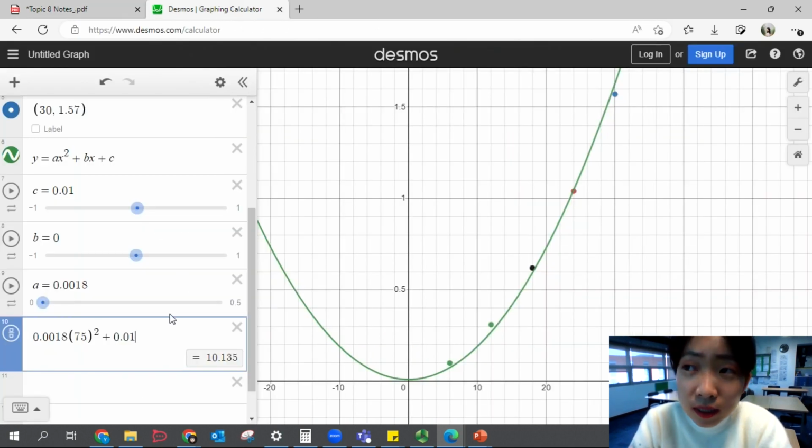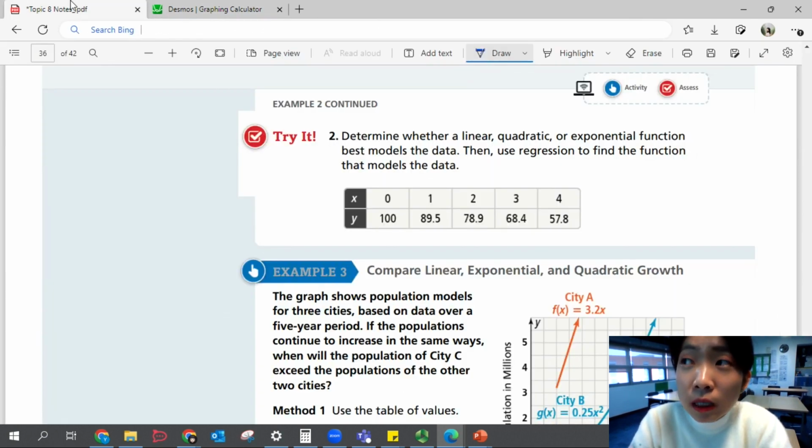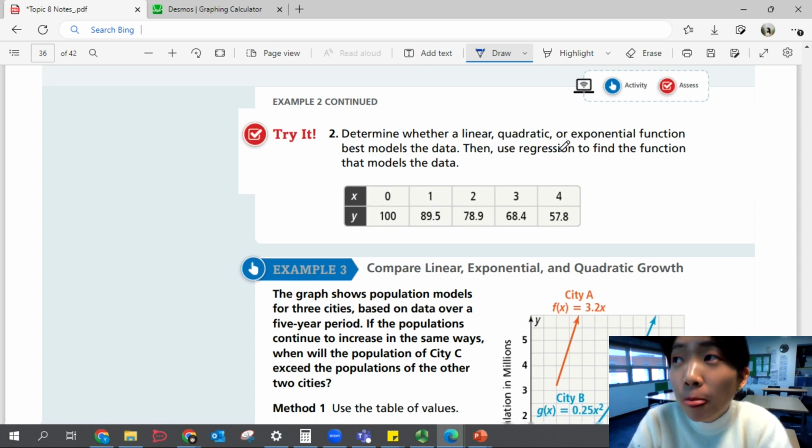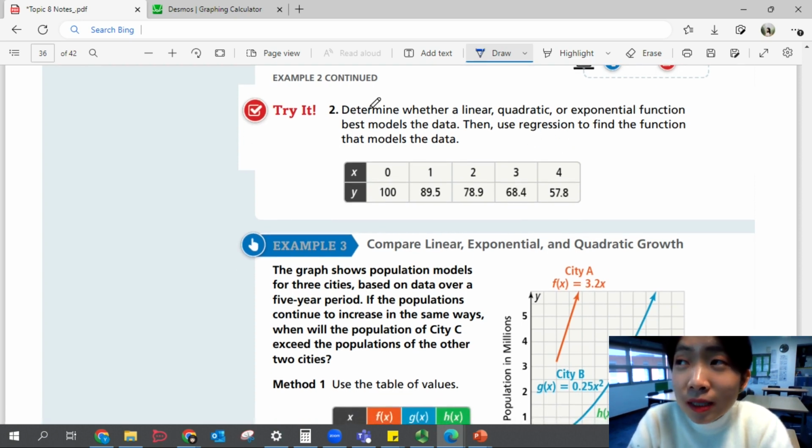Or you could also use the same method. It might just be more accurate or easier to use the forms of linear function and exponential function equations. Okay, so let's see if you can try by yourself, and we'll talk about it again when you come back.